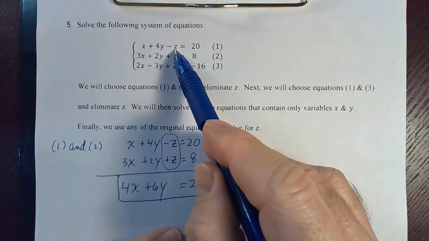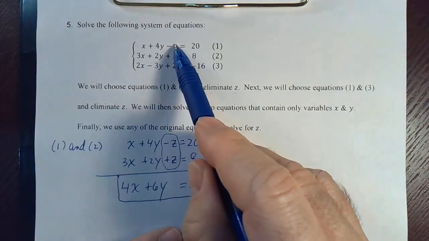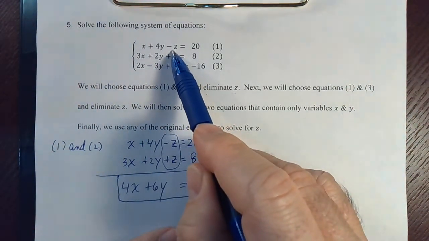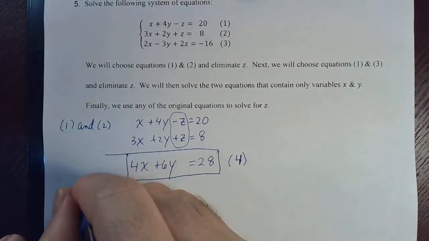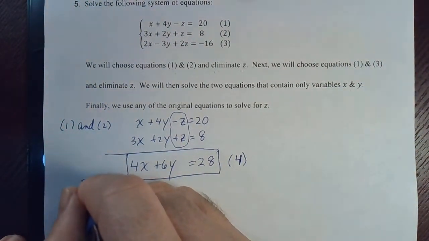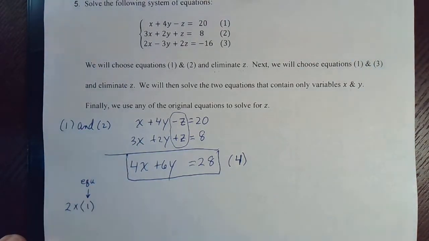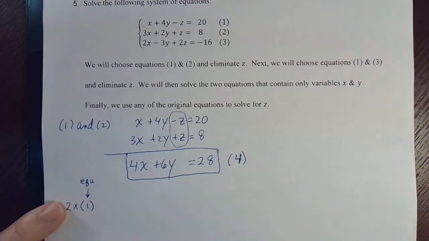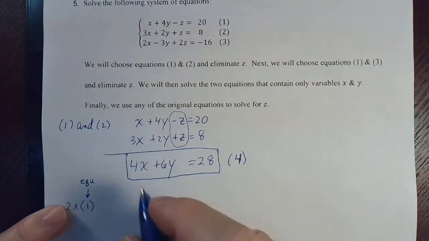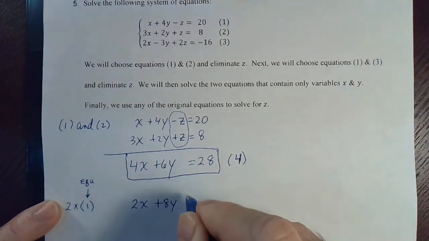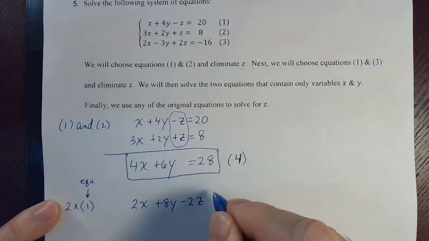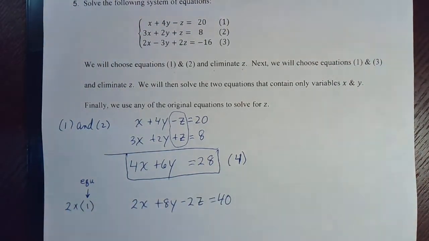I think instead I'm going to double equation number 1 to get a -2z right here. So I'm going to write down 2 times equation number 1. 2 times equation number 1 is going to be 2x plus 8y minus 2z equals 40.